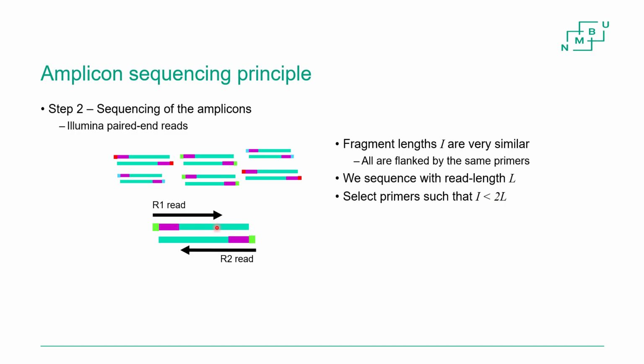So let's say it's 400. Then it means that we sequence the first 300 here and miss the last 100. But then we sequence those here, but we miss this. But the overlap will be 200 bases, right? So it's more than enough to glue these two together into one long sequence covering the whole amplicon.